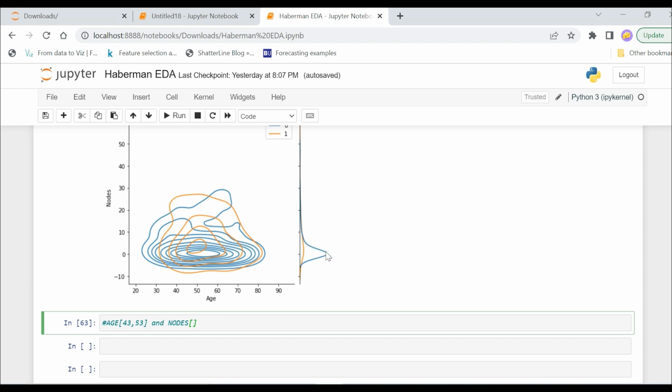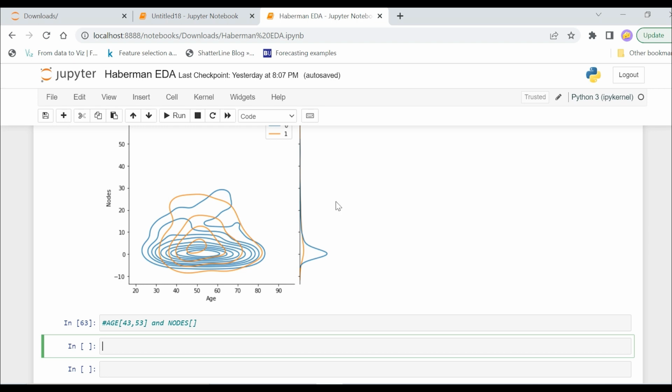But you have to also understand the blue line, because the percentages may be less, but after 10 you can see the blue and orange lines flowing together. So the percentage of the orange line, or the survival of people below 5 years, is higher in this case. So the people tend to die within 5 years after operation in this range, but we will actually see this when we analyze the nodes.